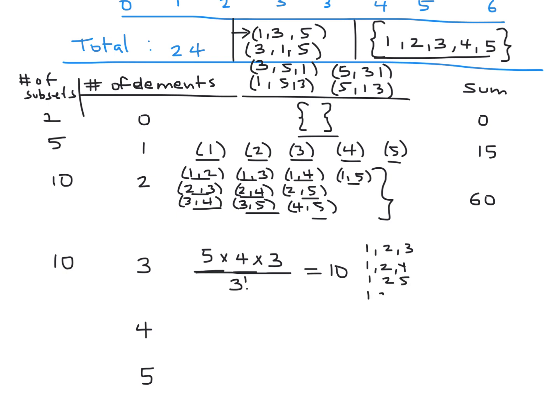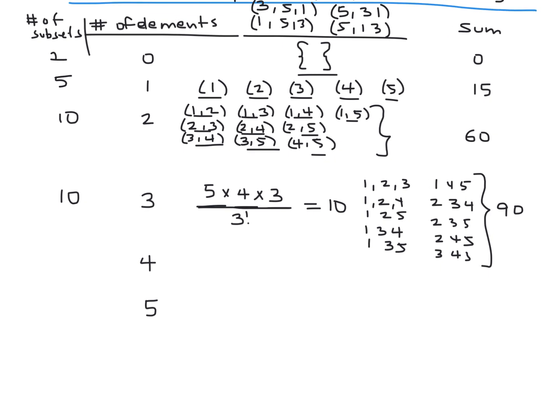And then 1, 3, 4. 1, 3, 5. 1, 4, 5. 2, 3, 4. 2, 3, 5. 2, 4, 5, and finally 3, 4, 5. Okay, that's not so bad. And then each of these has a sum, and then when you add up all the sums, you get 90. Yeah. So I hope you're getting the idea here.